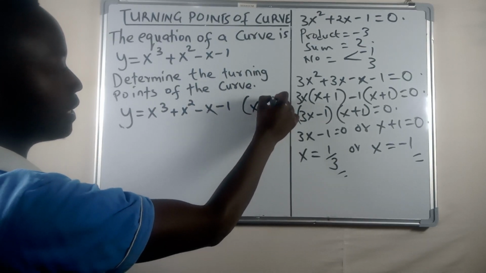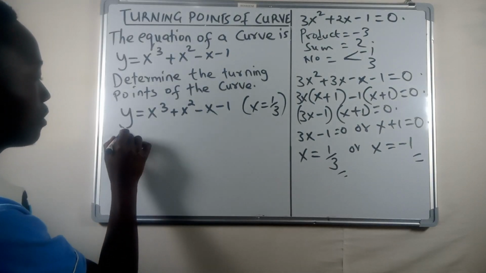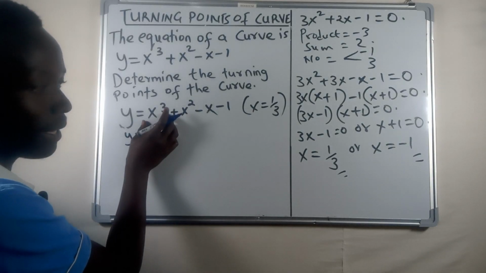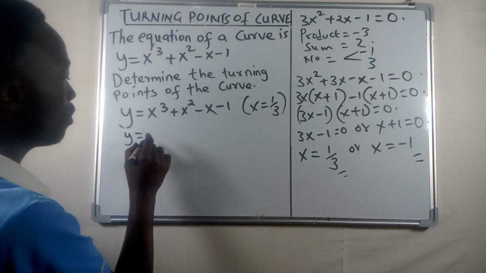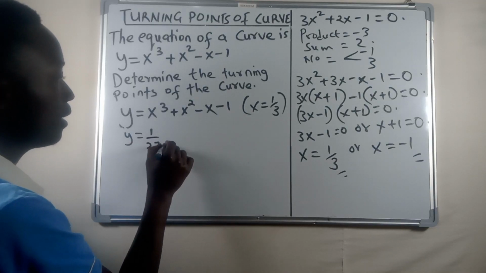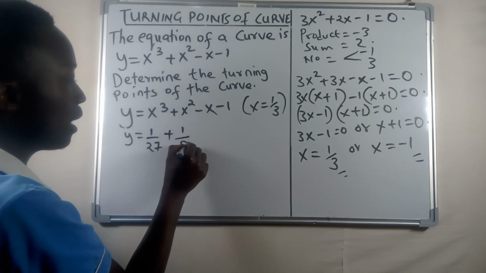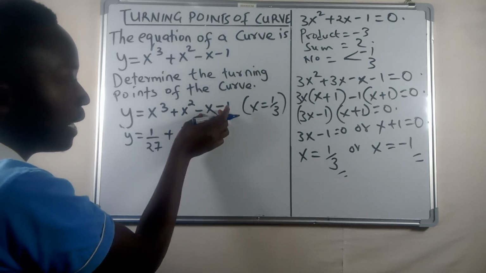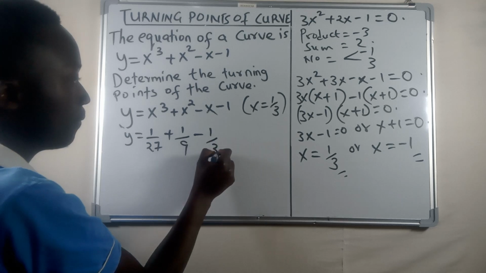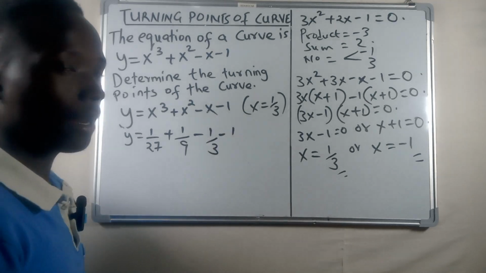So if x is a third, our y is going to be a third to the power 3, which is equal to 1 over 27, plus a third to the power 2, which is 1 over 9, minus x, which is a third, minus 1.